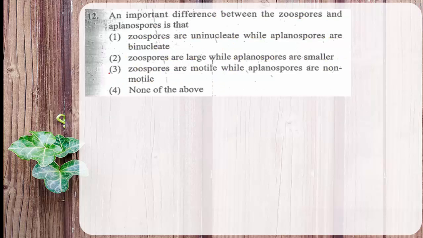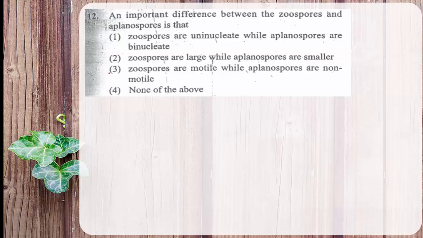An important difference between zoospores and aplanospores is that zoospores are uninucleate while aplanospores are binucleate. Zoospores are large while aplanospores are smaller.